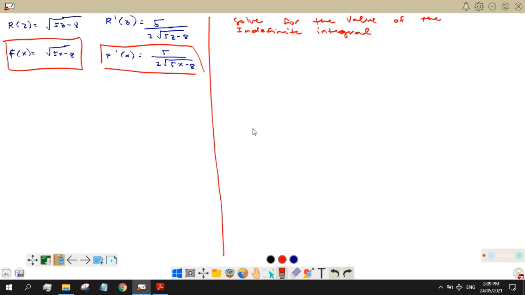Ito yung problem natin: 5 over 2 square root of 5x minus 8. Ayan. So, i-reverse lang natin yung chain rule.